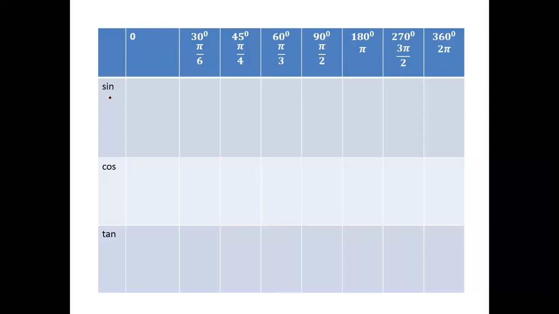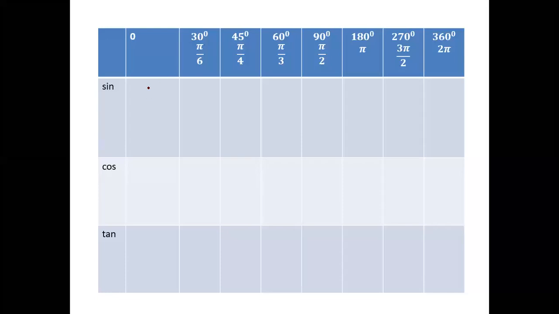I have written only sine, cos, tan because if you know sine, cos, tan, you can find for others also, for cosecant, secant, and cot.